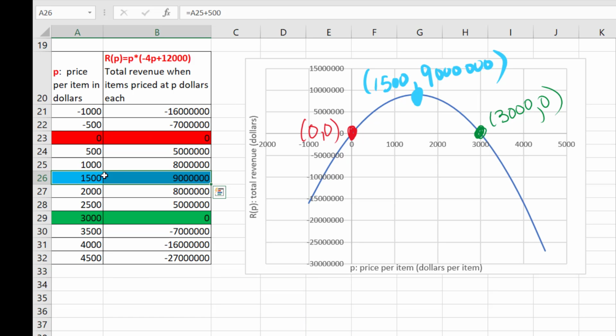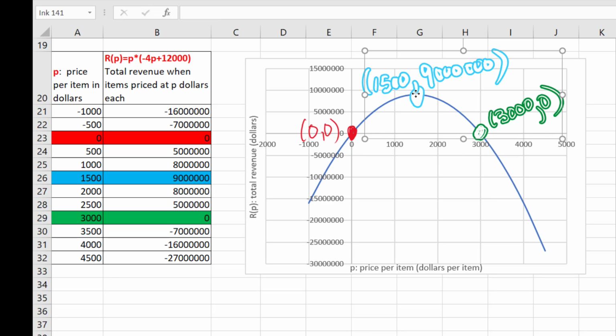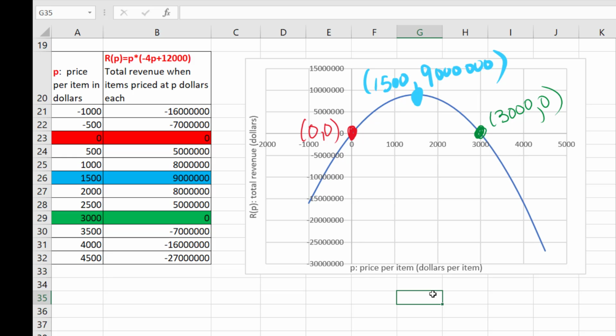In blue, in the table, we have this point 1500, 9 million, also labeled on this parabola, and you'll see that that point appears to be the peak point. It's called the vertex of this graph, the peak point, the highest point. It's saying when they sell the items at $1,500 per item, the revenue total will be highest at $9 million total revenue.